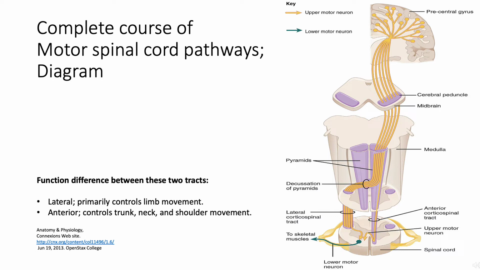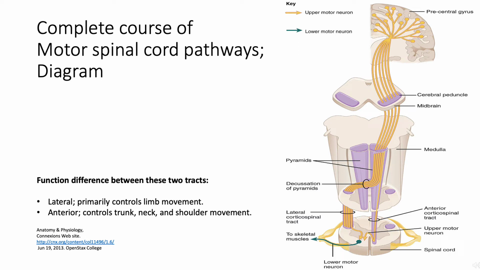So this decussation is called the pyramidal decussation, and the neurons that do this crossing, that do change sides, are the neurons that will later on form the lateral corticospinal tract.